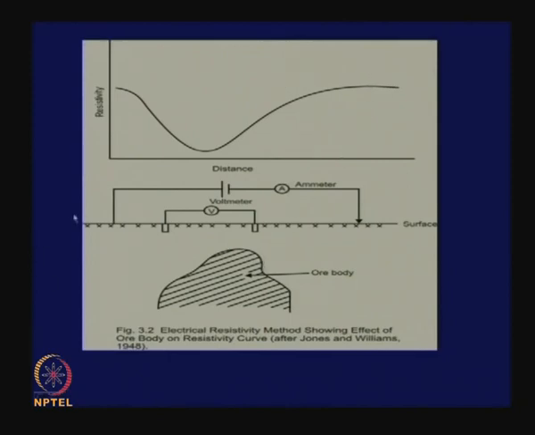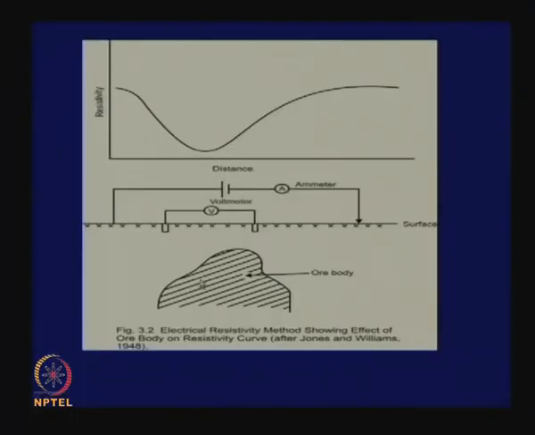Means you go on measuring the current flowing and take the whole thing from one place to another, and you find there is a place where suddenly there is a hint of drop in resistivity, means the whole thing seems to be very conducting, there is something under the surface. Then you suspect there is hidden inside an ore body which is electrically conducting. So, then you have to start drilling here, find out whether your suspicions are true.